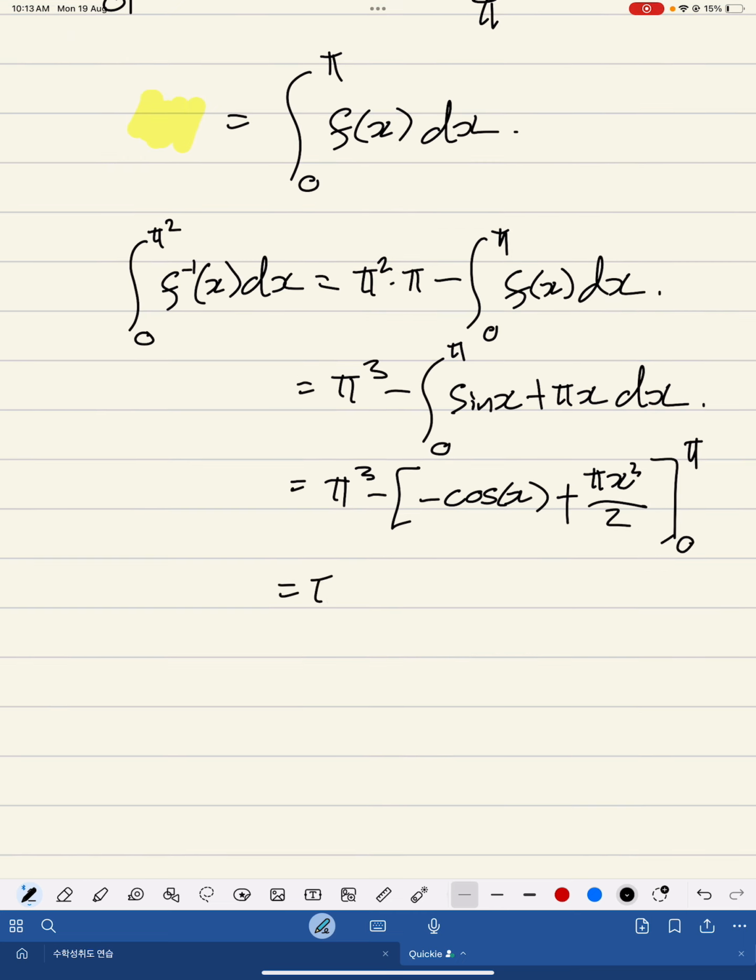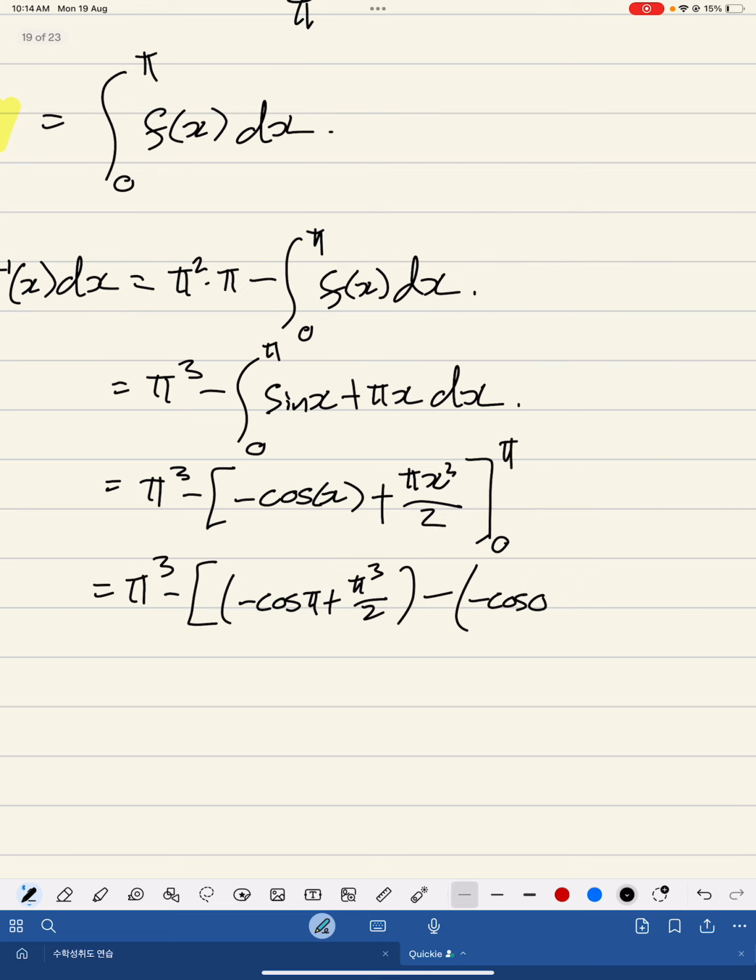So this is pi cubed minus, minus cosine of pi plus pi cubed over 2, minus, minus cosine of 0 plus 0, right?